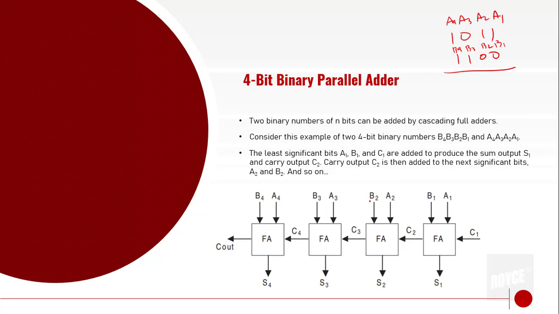Tapos i-add dun sa second least significant bit. Kakaroon yun ng sum, yung carry out i-input dun sa carry input nung susunod, and so on and so on. Kung gusto mo 5-bit, 6-bit binary parallel adder, so lagay ka lang ng lagay dito. Okay, so this is parallel adder.